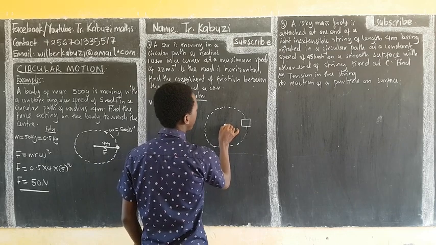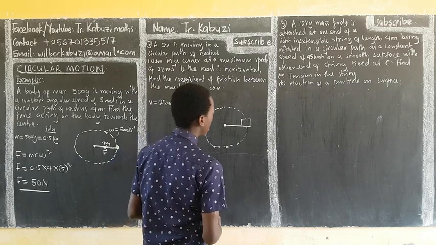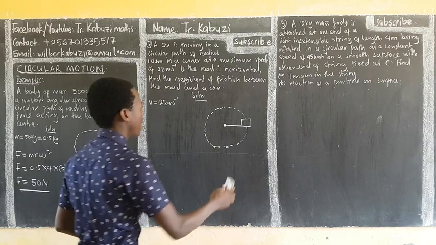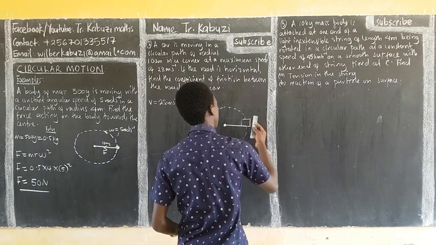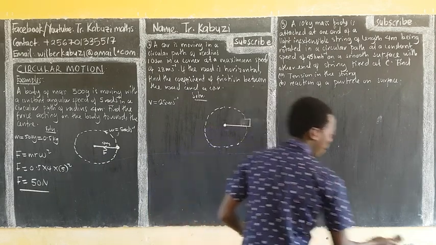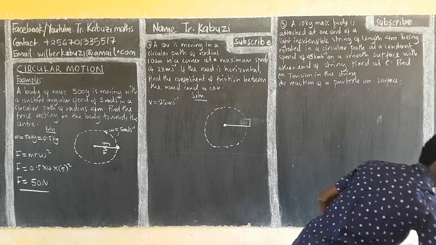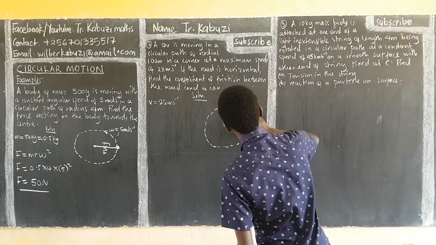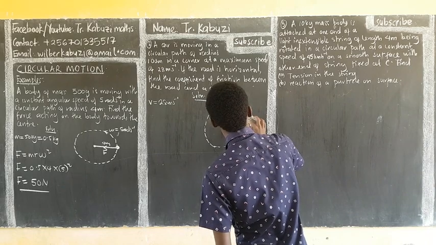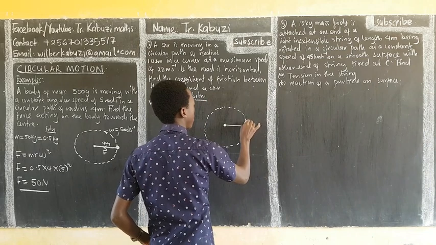Now they are telling us the radius of the path that car is making. I want to rectify something small here. So this is going to be our car here.